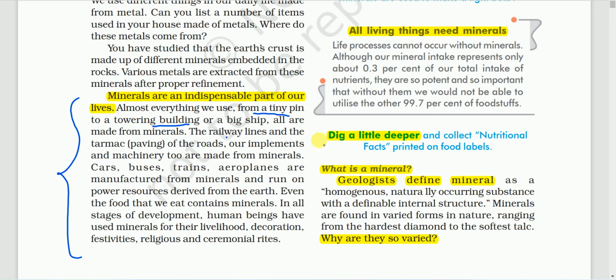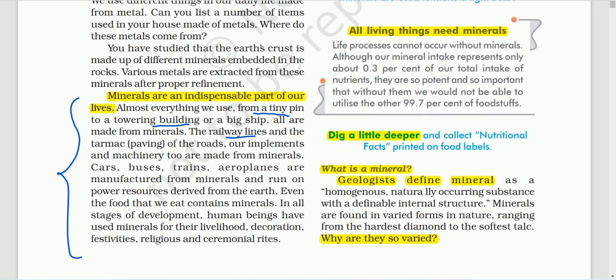The railway lines and the tarmac, that is the paving of roads, our implements and the machinery too are made from minerals. The tools and implements used in agricultural operations, and in our daily life, all these are made from minerals.